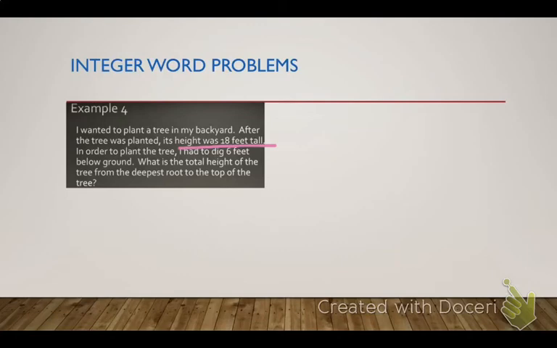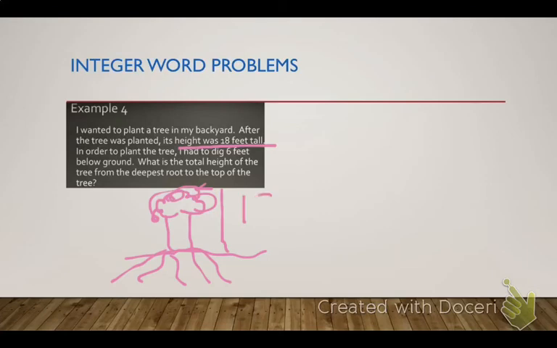Let's see. I planted that tree. So here's my tree right in here. Funky tree. All right, and from the top down to where the ground level is, it's 18 feet.